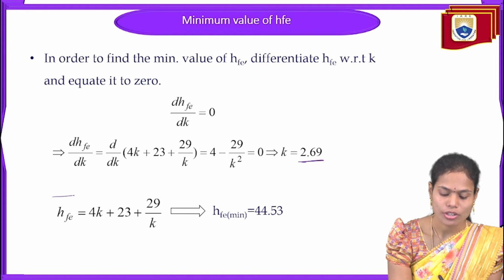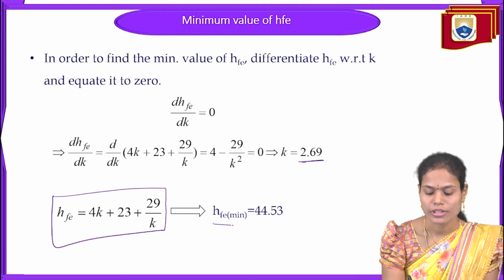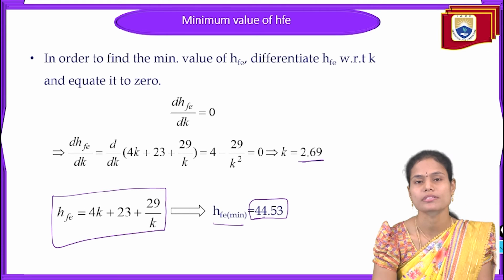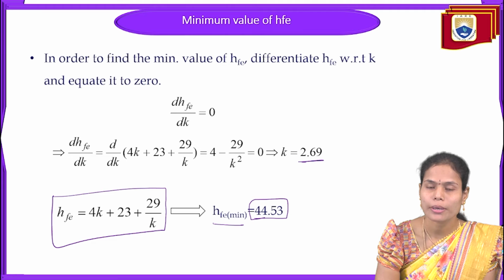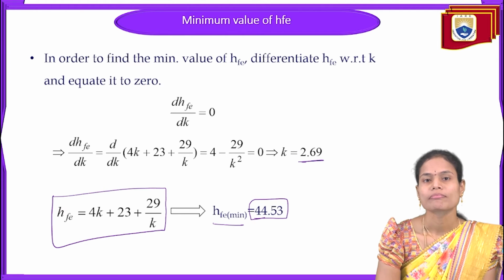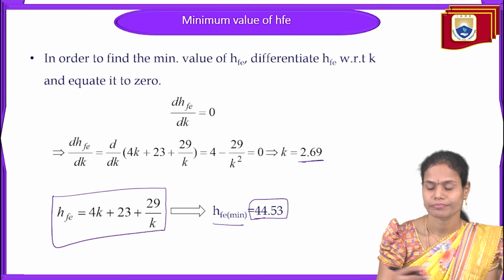So in the hfe equation, if you substitute the value of k equal to 2.69, we will get the minimum value of forward gain as 44.53. That is, if the amplifier maintains the gain as 44.53, it is able to provide the proper amplified signal for the oscillation.